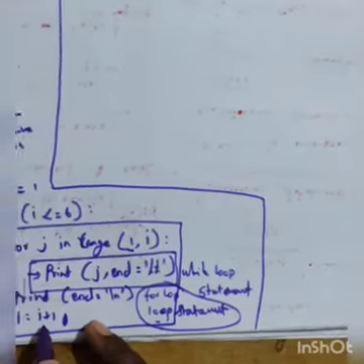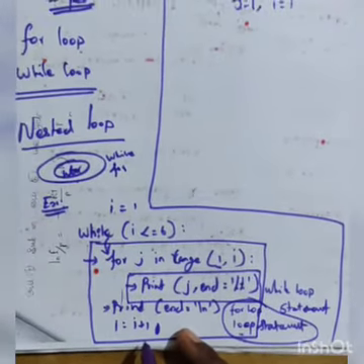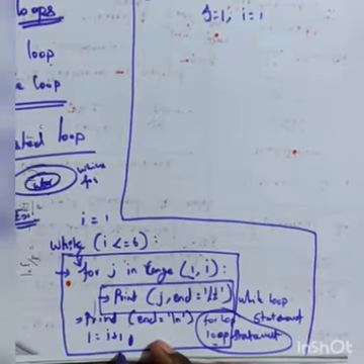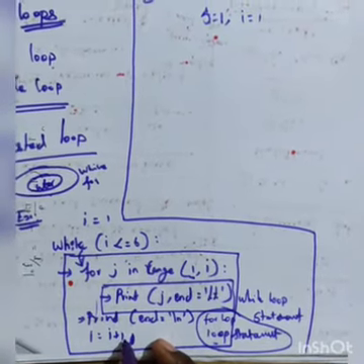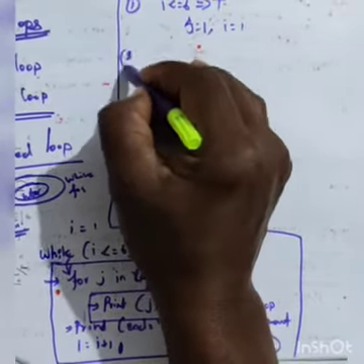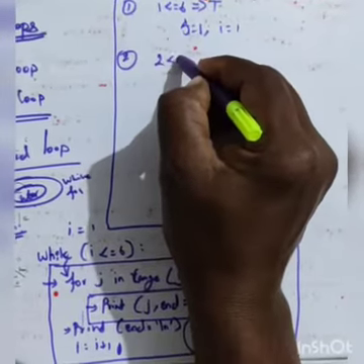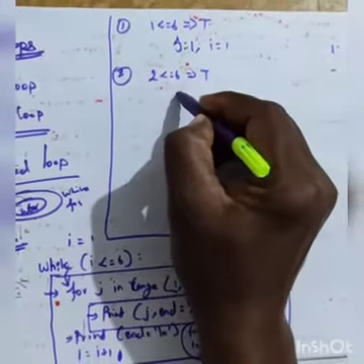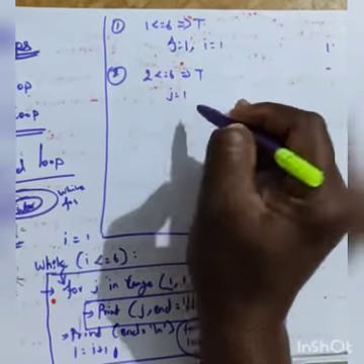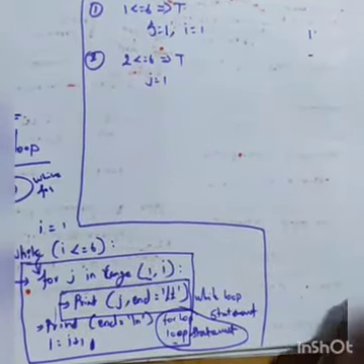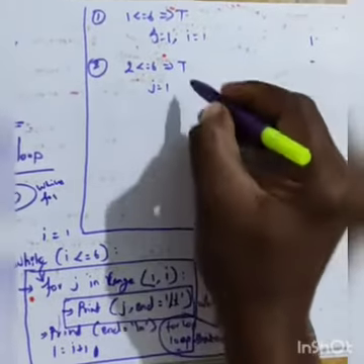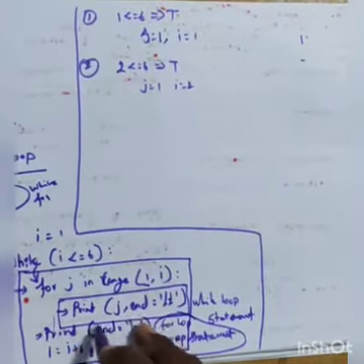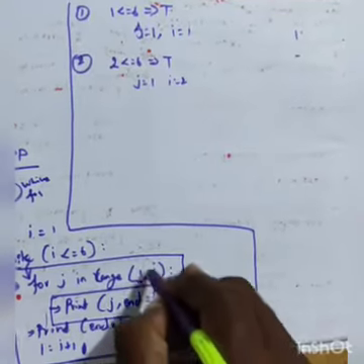Next, i is equal to i plus 1. i is equal to i plus 1 means what will it do? i becomes 2. Next time it will come: 2 less than or equal to 6, the condition is true. Now j value is 1, and i value is equal to 2. i value 2 means the loop executes how many times? 2 times.